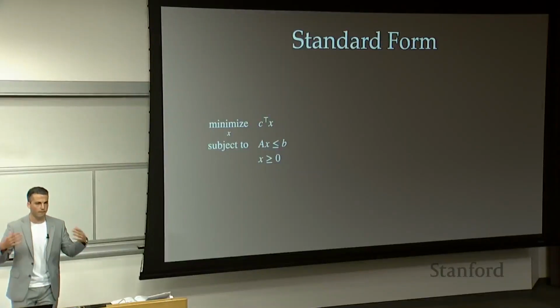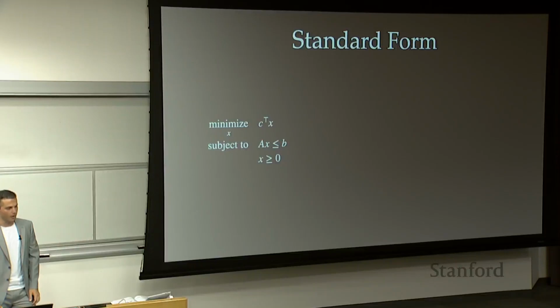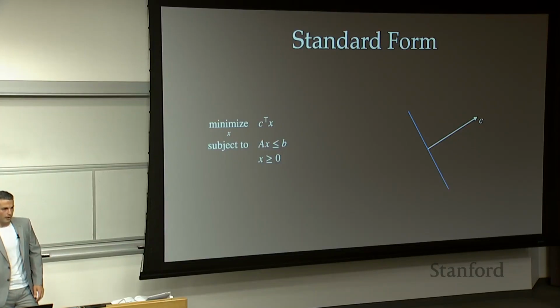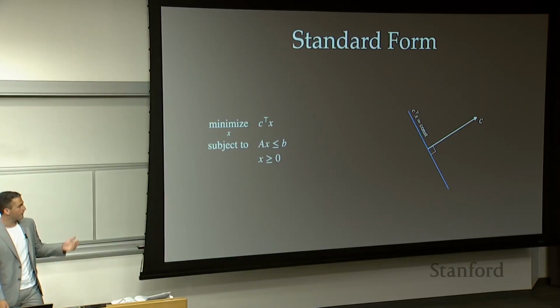Okay, so if we want to get a visual representation of this problem: if we look at the gradient of our objective, the gradient of c transpose x with respect to x is just c. So that's what we've drawn here, the c vector. We know from calculus that the gradient of the objective is going to be perpendicular to the contour line. So what we're showing here is a contour line of our objective, a line of c transpose x equal to some constant.